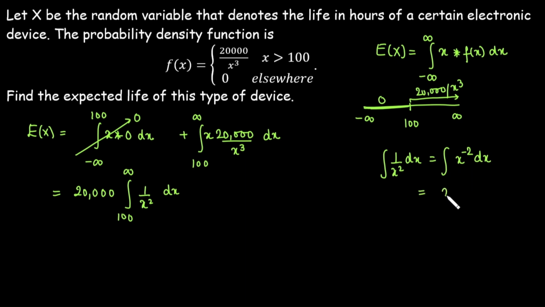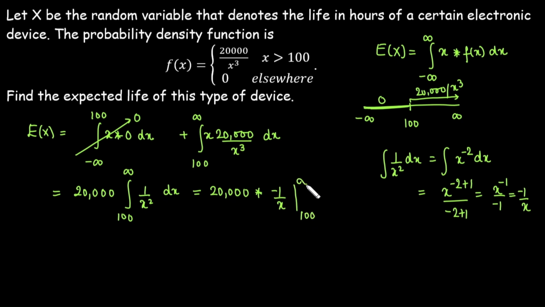This is equal to x raised to power minus 2 plus 1 upon minus 2 plus 1, that is x raised to power minus 1 upon minus 1, or we can write minus 1 upon x. So this integral results in minus 1 upon x, and the 20,000 as it is, limit from 100 to infinity.